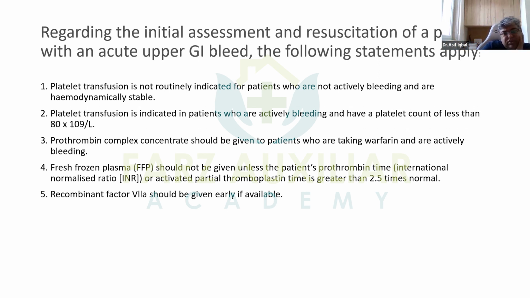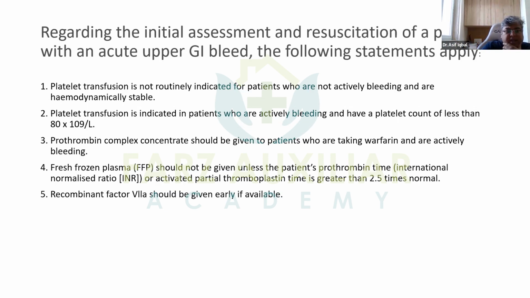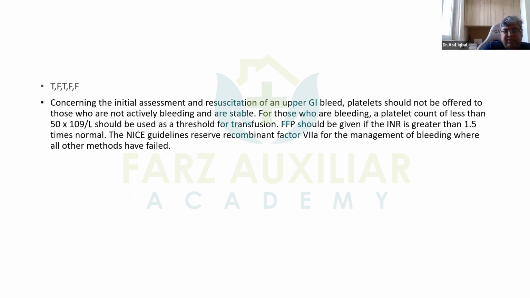Then prothrombin complex concentrate should be given to a patient who is taking warfarin and actively bleeding. Regarding the prothrombin complex, that is true. Fresh frozen plasma is indicated if INR is more than 1.5; here it is given as 2.5. And the NICE guideline recommends recombinant factor 7 for managing bleeding where other methods have failed.